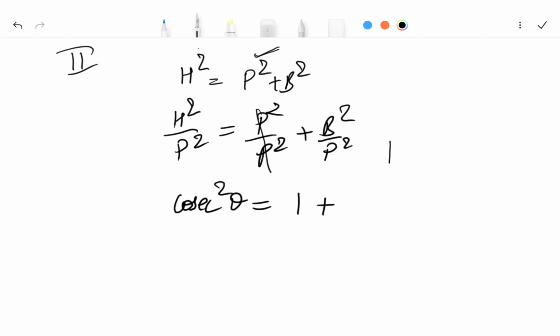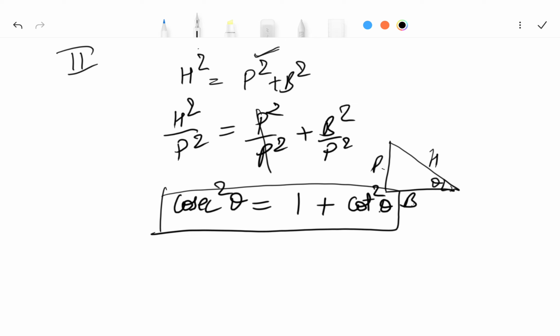I can make this triangle again. This is the theta, this is perpendicular, base, hypotenuse, and what is b over p? P over b is tan theta, and b over p is cot theta, cot square theta. This is my second formula.